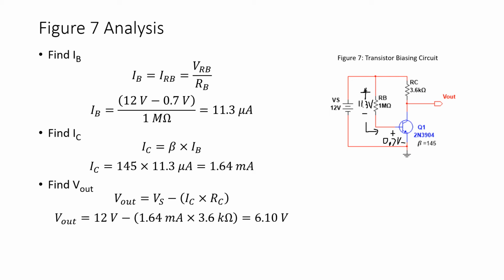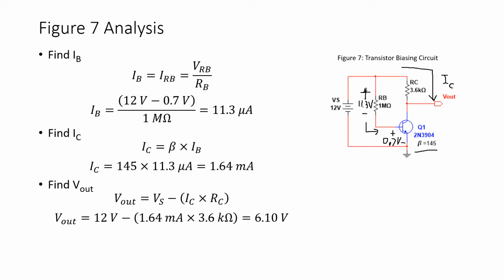Now we know that the collector current equals beta times the base current. We're given a beta value of 145 for this transistor. So I know that the current that flows through RC and into the collector of the transistor, IC, equals beta times IB. So 145 times 11.3 microamps gives us 1.64 milliamps.